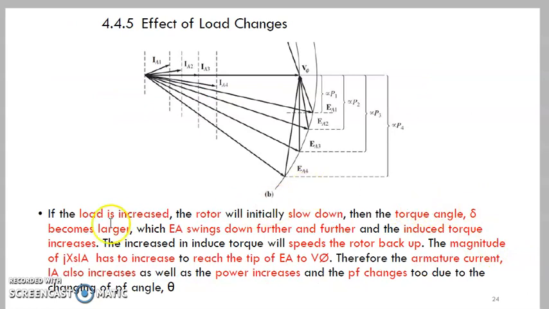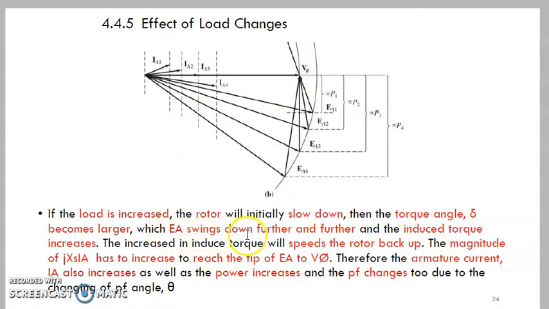What happens is that when we increase the load, the rotor starts to slow down, whereas by right the rotor should rotate at synchronous speed and the frequency of your line. When we put load, the rotor slows down. Then the torque angle or load angle, delta, becomes larger, and the load angle between V phase and EA becomes larger.